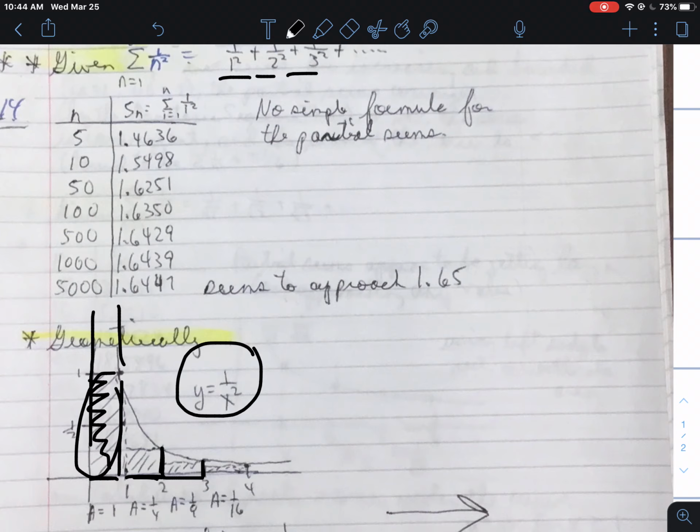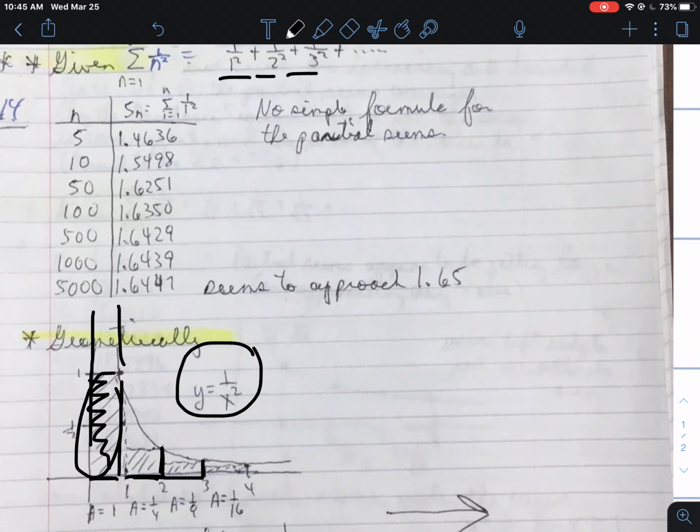Also recognize that the area of each of those rectangles, since the rectangles are under the curve, corresponds to each term of our series. But if I add those terms together, as n approaches infinity, adding the areas of each of those rectangles is going to give me a value that's smaller than the area under the curve. Right?